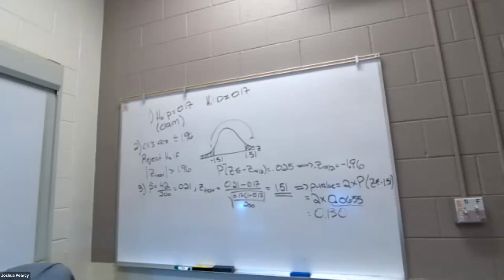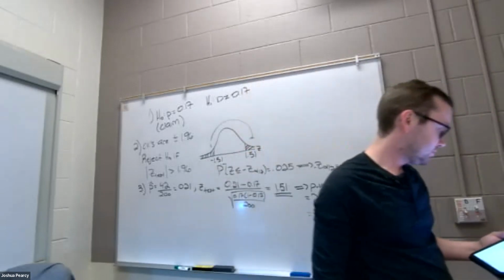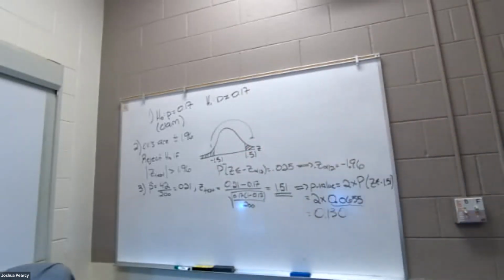And the alternative is that it's less than 0.23. I'm assuming you probably got it correct.